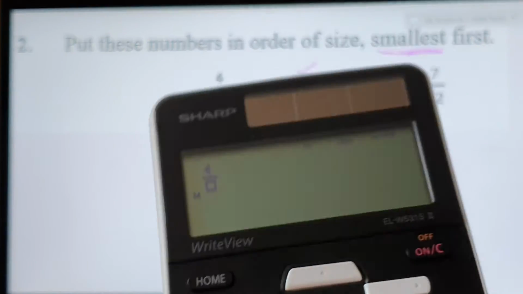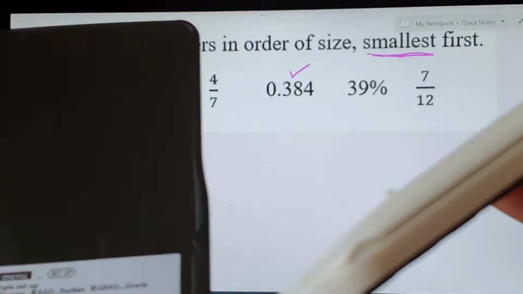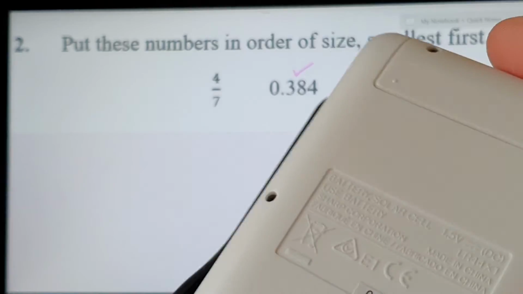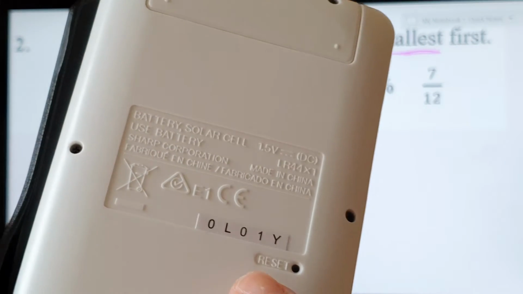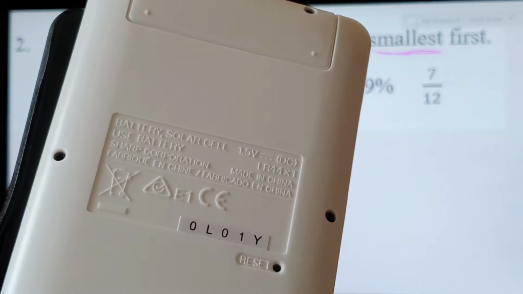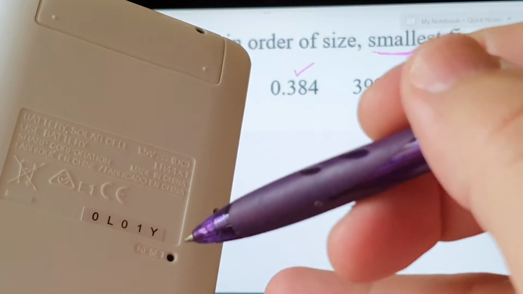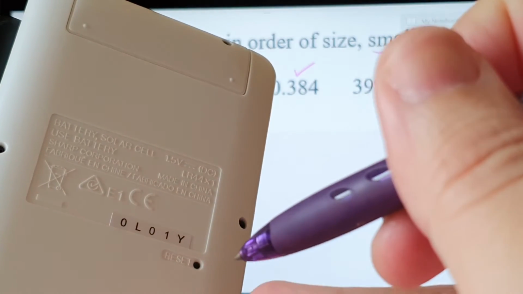Now, those of you who press this A over B and don't get this, what you can do is take the cover off your calculator. At the back there is a reset button. Use a sharp mechanical pencil or any sharp thing and press this button.